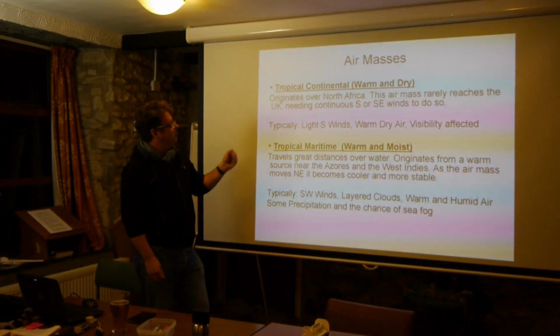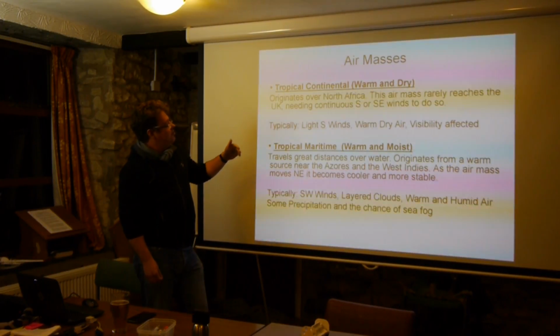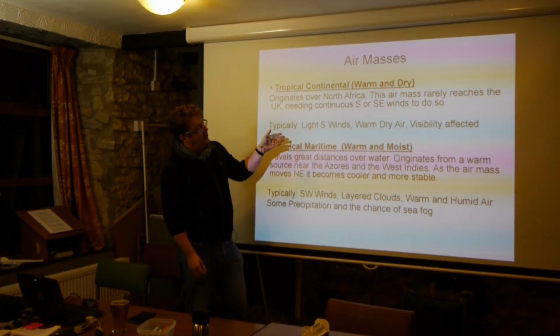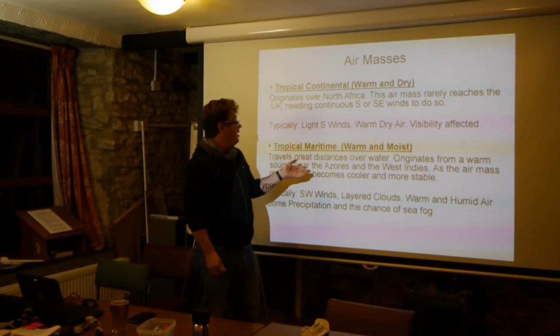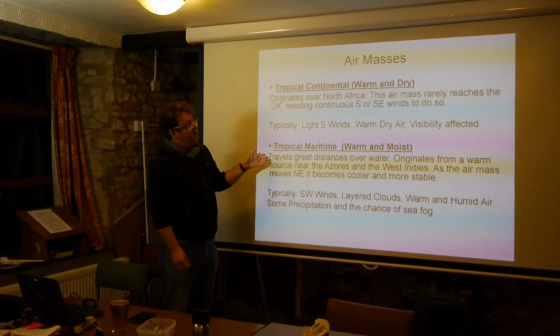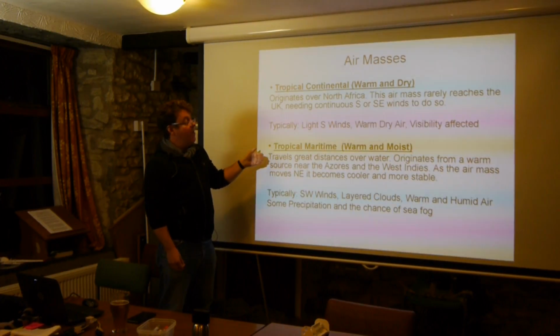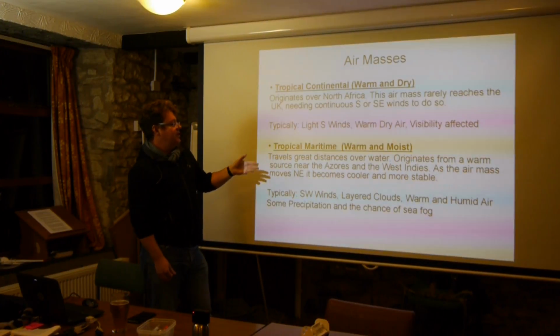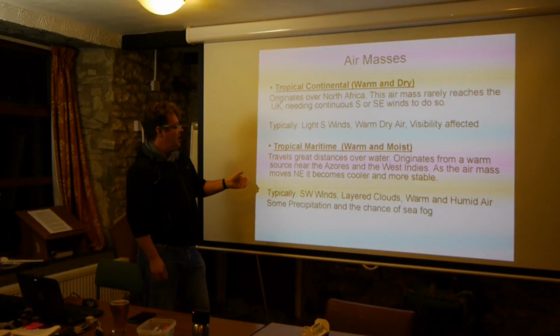So that's tropical continental. Tropical maritime is similar, except it's wet because it's been over the Atlantic Ocean. So this has come a long way over a relatively warm Atlantic area. It comes from near the Azores and the West Indies. As the air mass comes northeast, it becomes cooler and a little bit more stable.